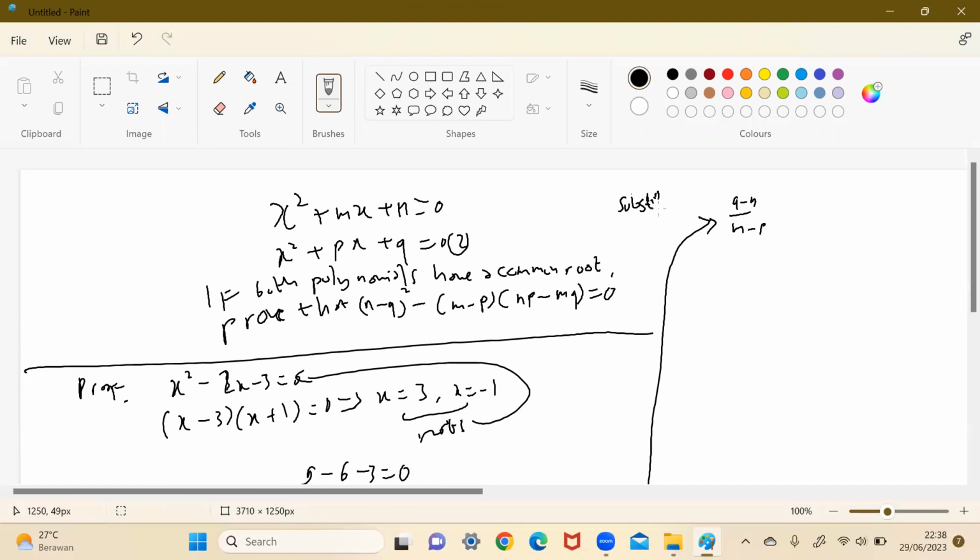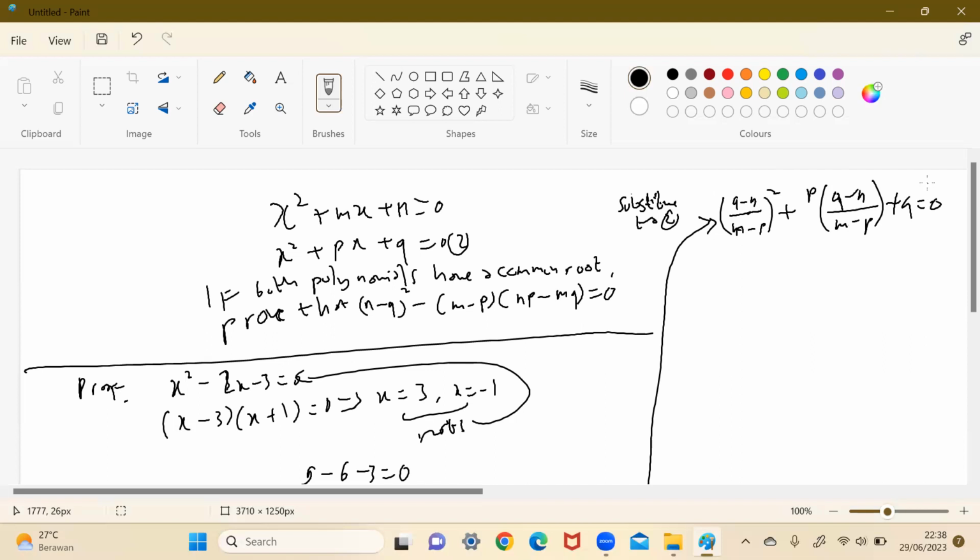Plugging this value into the second equation gives you (q minus n over m minus p) squared plus p times (q minus n) over (m minus p) plus q equals 0.